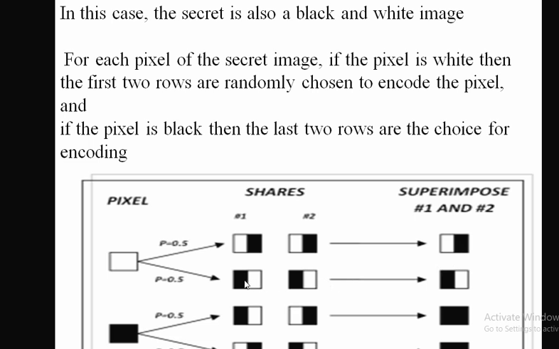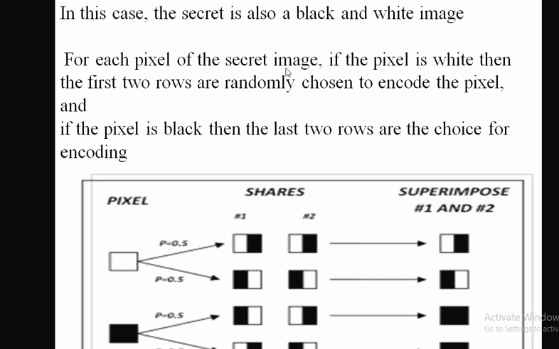Then in this other case, first we get black and the second half is white. So in the black case, black and white, white and black, you will get black.